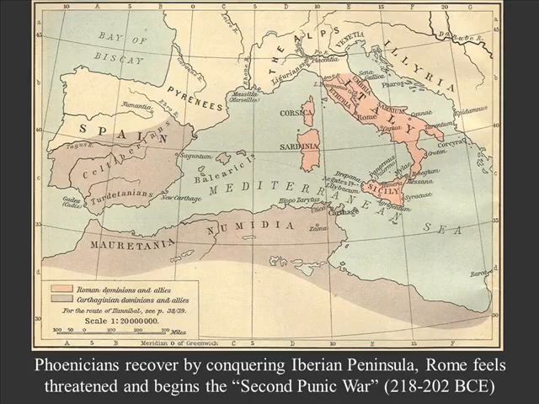Carthage tries to keep power by dominating these other two islands, Sardinia and Corsica, and largely by moving their armies and going around this little connection here from North Africa just across the sea into modern-day Spain.